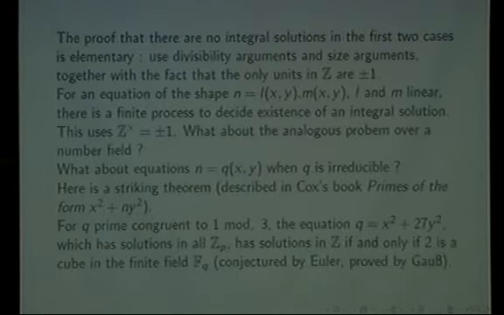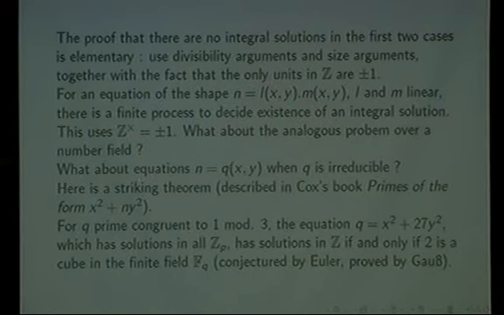Okay, so the proof that there are no integral solutions in the first two cases is elementary. You use divisibility arguments and size arguments. Now you also use the fact that the only units in Z are plus or minus 1. So if you were asking the same problem over a number field, you'd be in trouble, even for a form which is a product of two linear forms. So for an equation like n equals L1 times L2, with L1 and L2 linear, there's a finite process over Z to decide this. Okay, so here's the first comment.